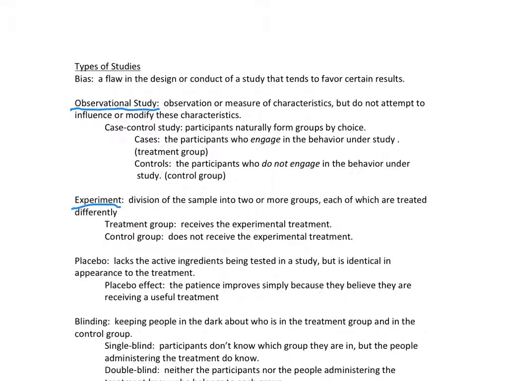That is probably unethical. You don't ask people who aren't smoking to start smoking so you can see what it does to their lungs. Instead, what you do is you get people who already smoke to be part of your study. You get people who already do not smoke to be part of your study.